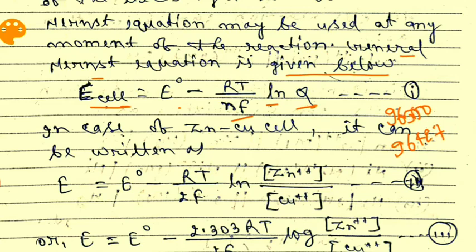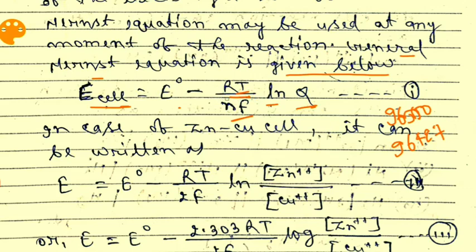So, 1 Faraday is equal to 96,500 Coulomb. R is the constant. It is called the molar gas constant.